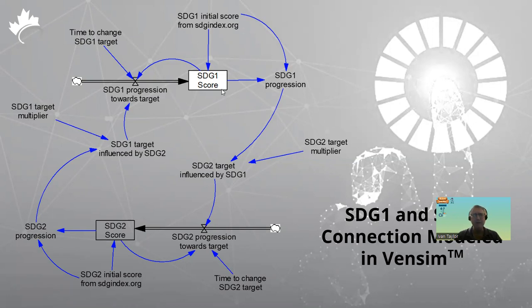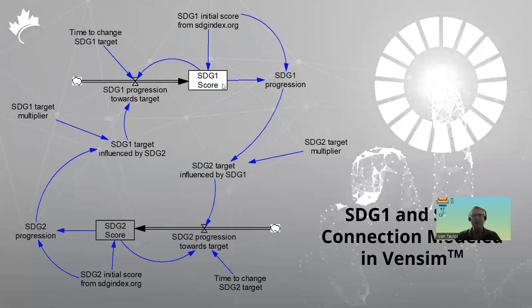What this model is showing is that there's a connection between SDG 1 and SDG 2 through this target and through this progression. For example, we start with an initial value for SDG 1, and then it changes over time based on this target that's defined by the government of the day.